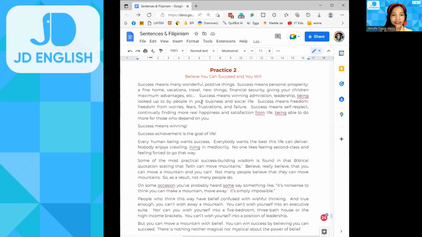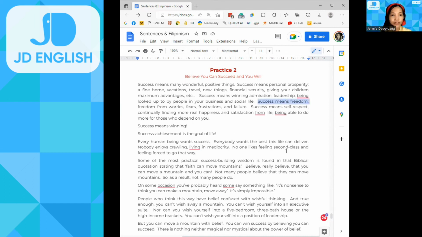Success means many wonderful positive things. Success means personal prosperity, a fine home, vacations, travel, new things, financial security, giving your children maximum advantages, etc. Success means winning admiration, leadership, being looked up to by the people in your business and social life.